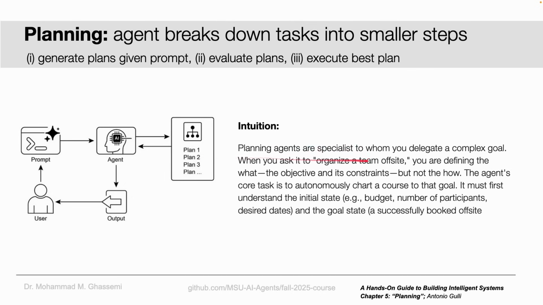Let's say we are organizing a team offsite. Okay, so at one step in this plan, we have to book a hotel room for the team, or hotel rooms for the team. And what we need to know is how many team members there are so that we book the correct number of rooms. If that information wasn't known to the agent through memories, a database it has access to, then it might have to ask the user.